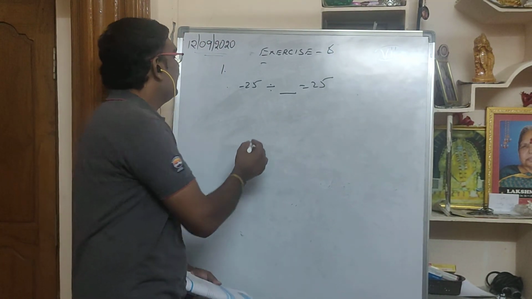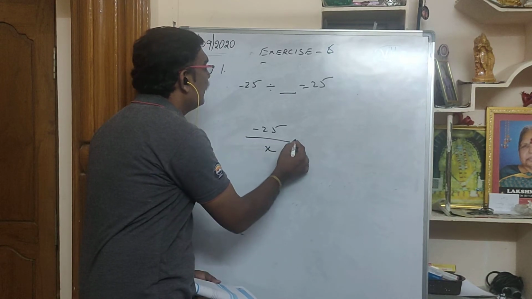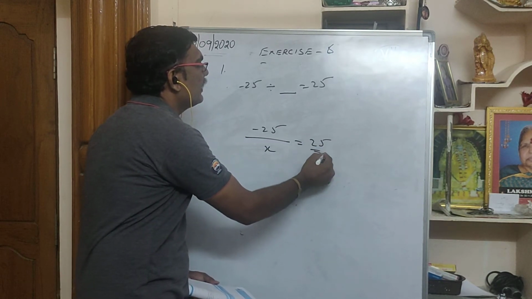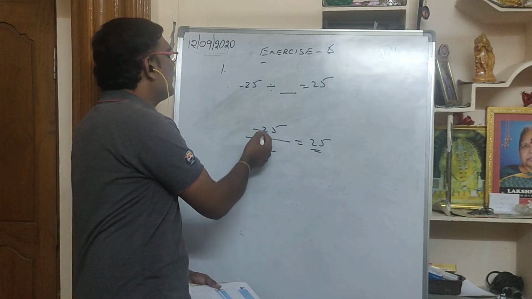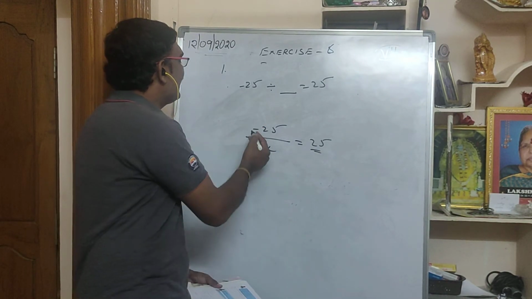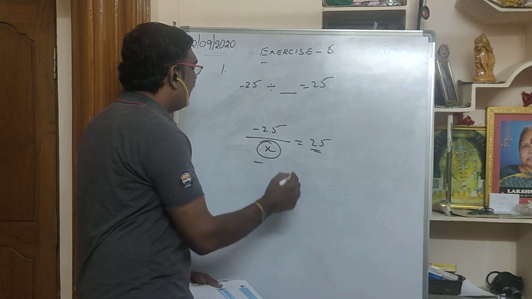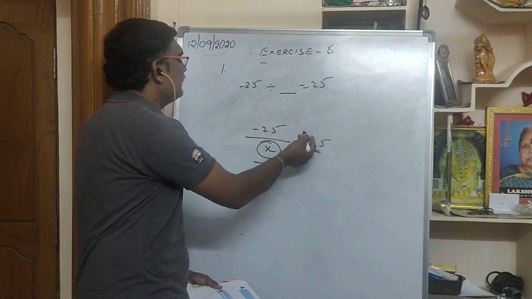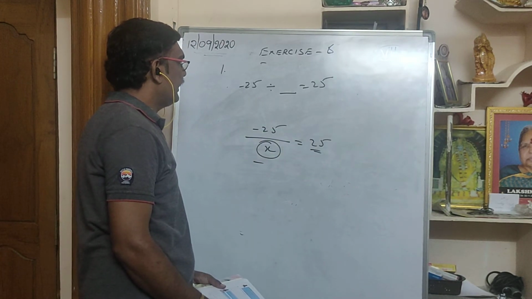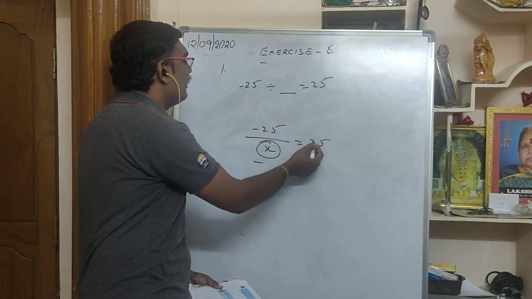So negative number, with which number you have to divide to get a positive number in the quotient? In the numerator you have a negative number, so here this also should be a negative number, and the negatives will cancel and we will get positive.